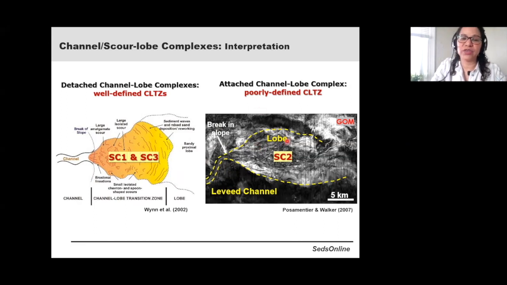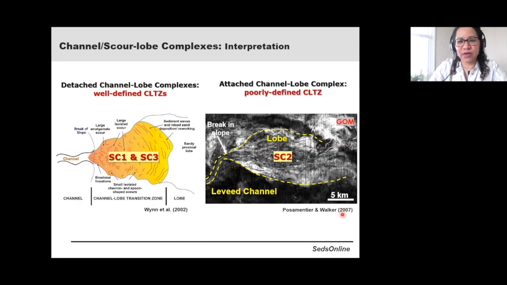In the case of the middle complex, the flow was more depositional, and all of the flows moving through here were just dumping the sediment right close to the channel mouth. They then spread out, creating those spaghetti streams that we see in that example from the Gulf of Mexico, and further down is the place where the lobes actually developed.